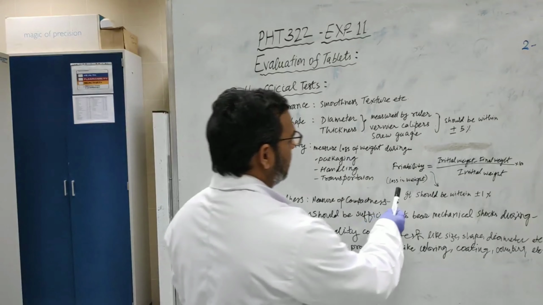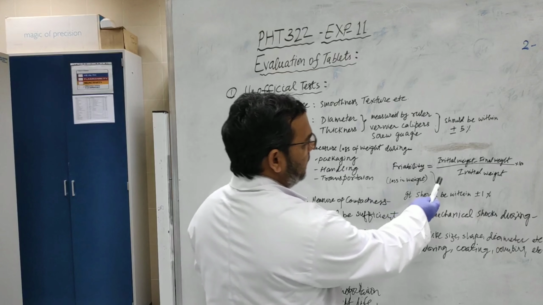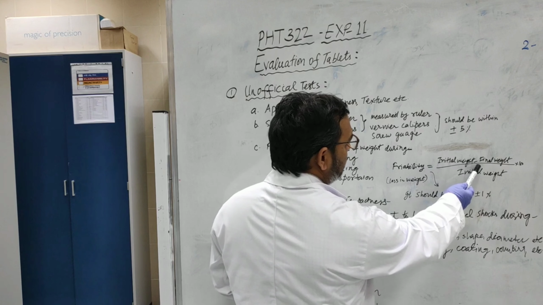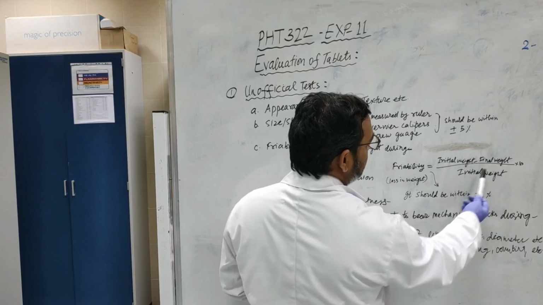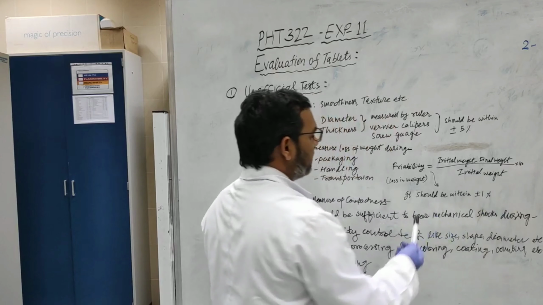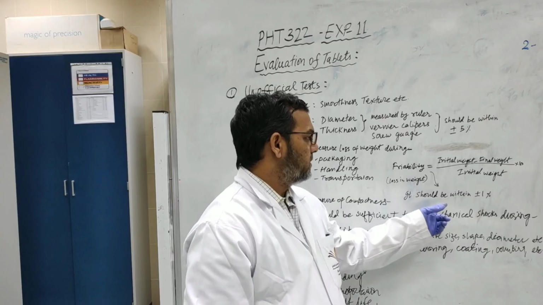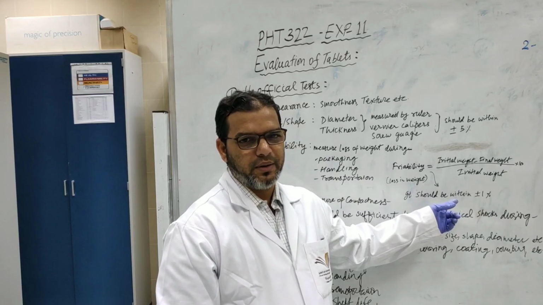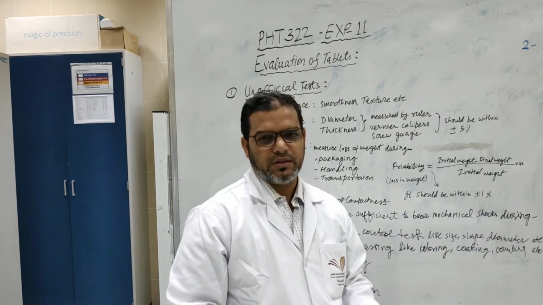This is the formula, called friability or loss in the weight: initial weight, whatever you take, like 10 gram, minus final weight after doing the procedure, divided by initial weight, multiplied by 100. This will give you the loss in the weight. If this loss in the weight is more than 1%, it means that the quality of the tablet is bad. It should be within 1%.